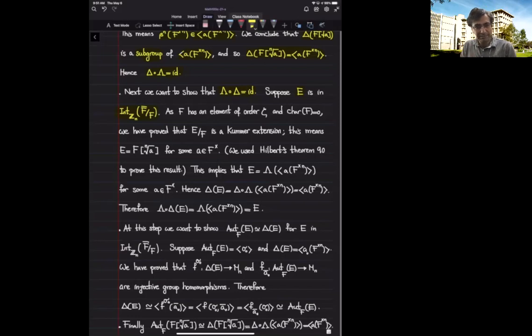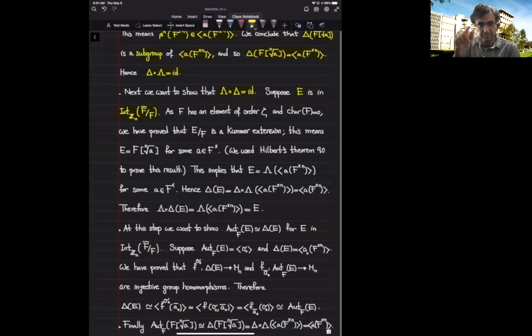Now, looking at this sigma of beta, we deduce that the orbit of this beta has precisely the degree of the field extension number of elements.